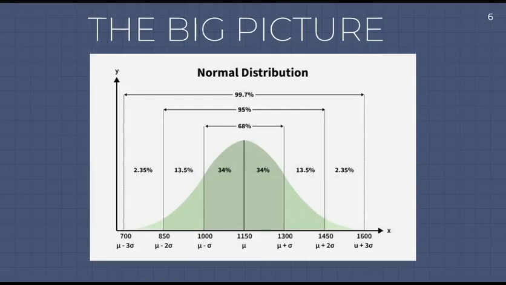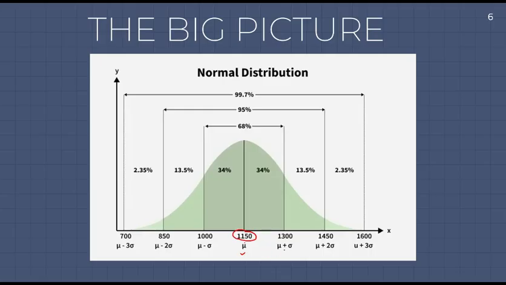Now, next step, we go forward. The big picture of the normal distribution. What we saw earlier, where we had the performance level of the different employees, we get a clear picture here without any animation in between. So this is the normal distribution. This is an example where we assume that the mean of the normal distribution is 1150 and the standard deviation is 150.